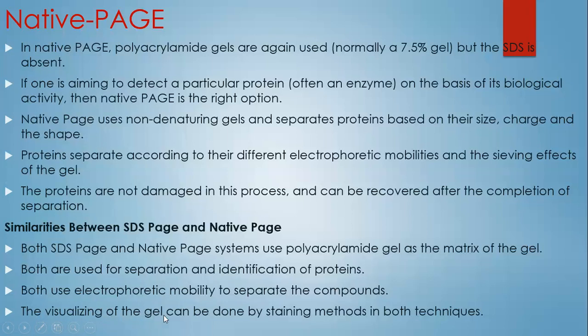The visualization of the gel can be done by staining method in both techniques. After the process, we stain the gel, and after the staining, we de-stain the gel so that we can easily identify the bands of the proteins. So it requires a lot of time.